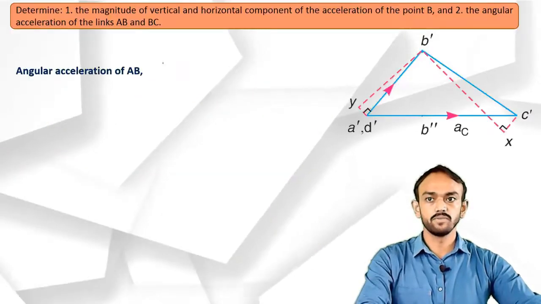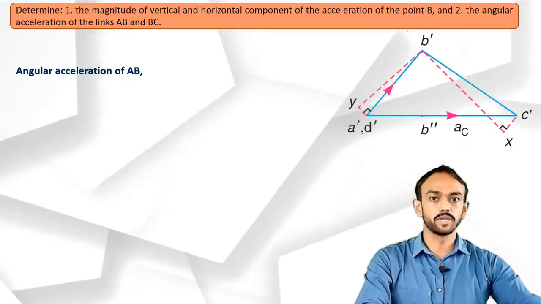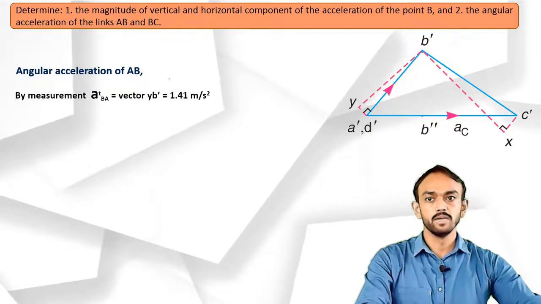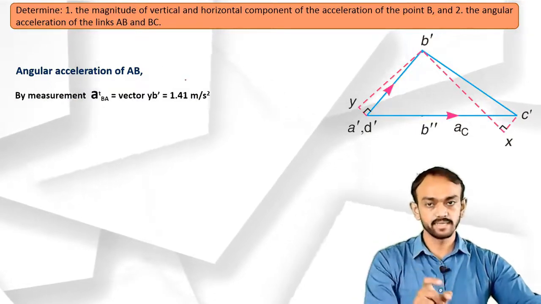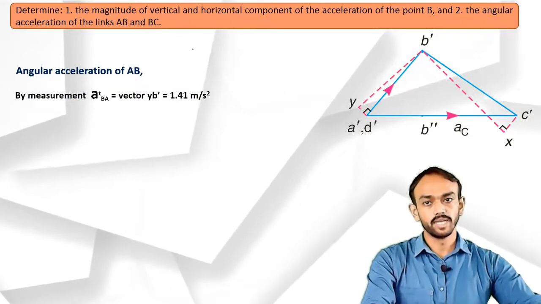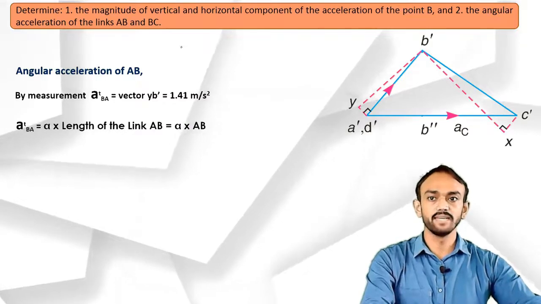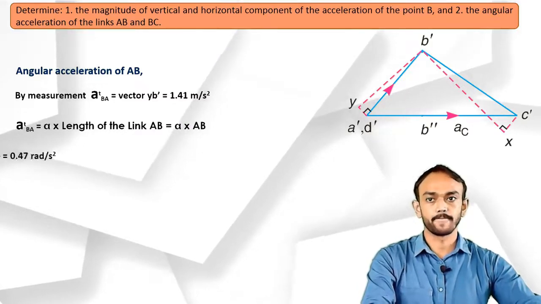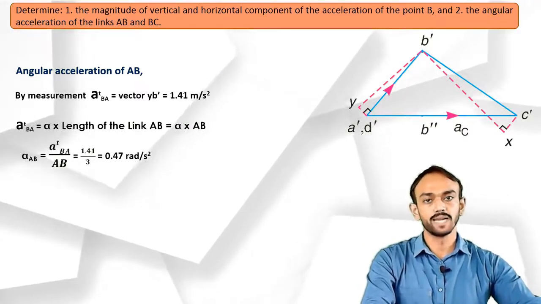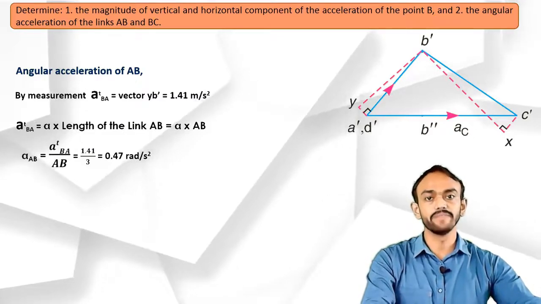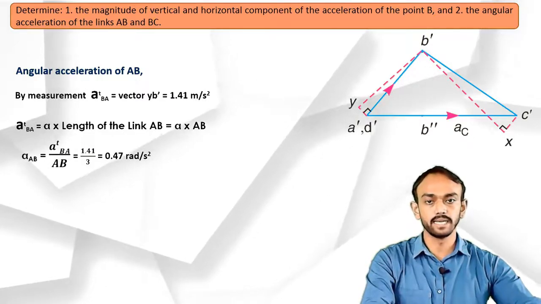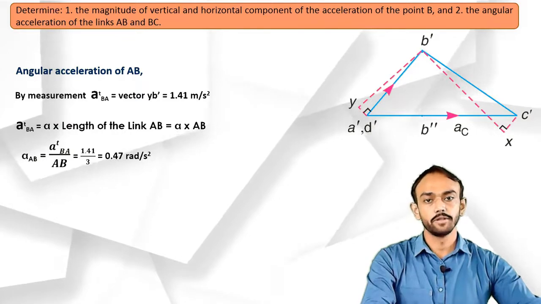Okay. So first we have to find the angular acceleration of AB. For that we will measure the distance of the tangential component and we will find the angular acceleration. So you know that alpha is equal to the tangential component divided by the length of that link, and you will find the angular acceleration.